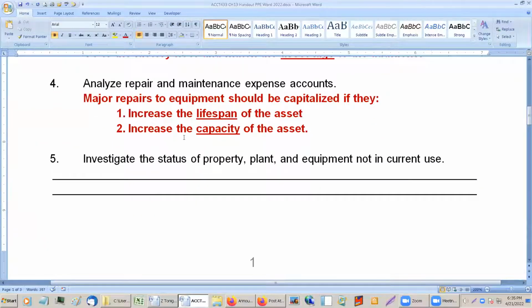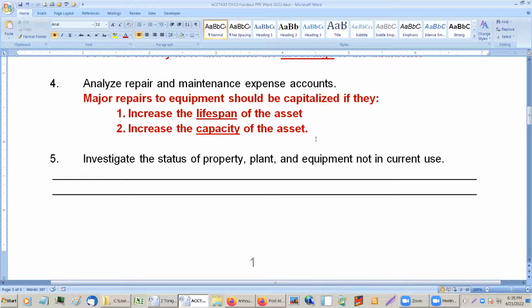The cost of it would not be expensed. If the pickup truck was on the books for 10,000 and this work cost 3,000, we'd add it in. So now we have a $13,000 pickup truck. So major repairs are actually going into property, plant, and equipment if they increase the life span or the capacity.